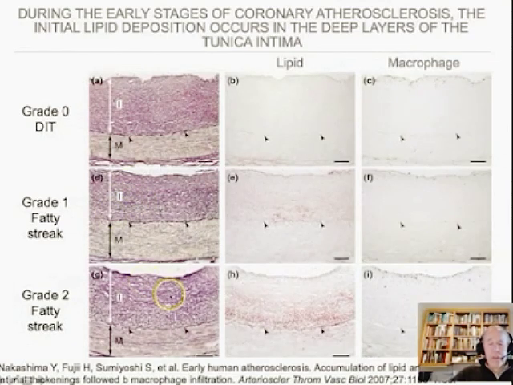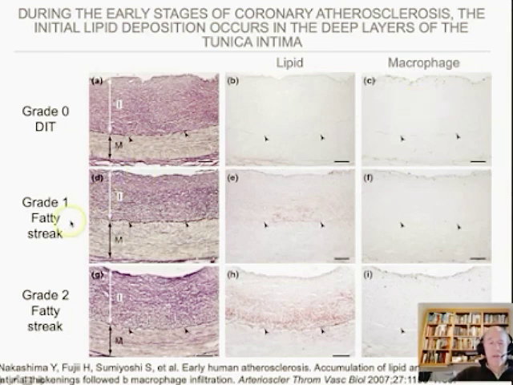Nakashima continued their research, and they did coronary artery histology and staining of numbers of people who had died, and they then looked at their coronary arteries to see how the coronary atherosclerosis develops. So the top row is of a healthy normal coronary artery.